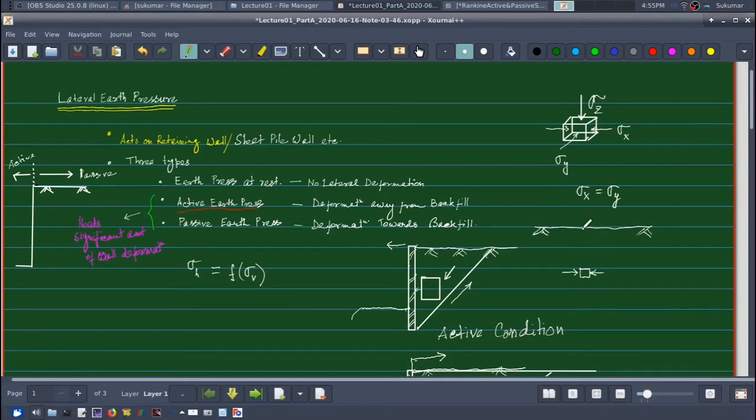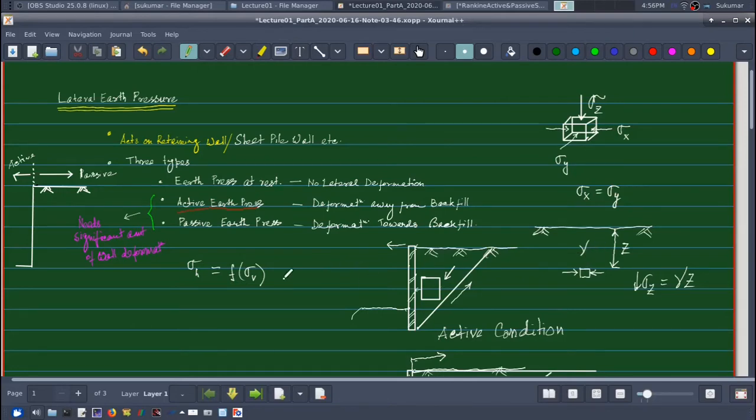Say if I consider this soil element at a depth of z, say this is my z measured downward from the ground level, then if the soil is gamma, then I know that my sigma z is gamma times z. Okay, if there is water table, then I will have gamma saturated times z will be the total stress, and the effective stress will be gamma submerged times the z, and so on.